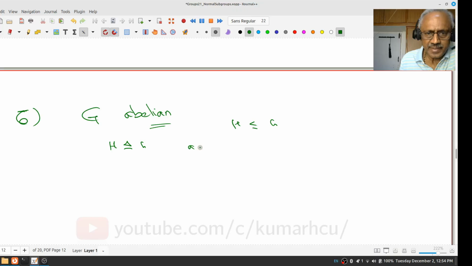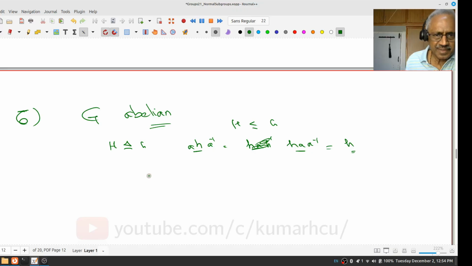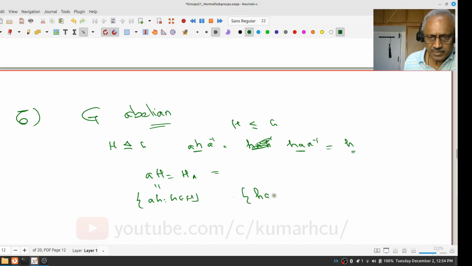Because if you start with any h, a h a inverse, using associativity, is h. Right? a h is h a. But that is H. Or more generally, if you look at the thing, aH is the same as Ha. Because aH is a times h as h varies over H, but this is h times a as h varies over H. But each of these elements is equal to each of these elements. Therefore, these sets are equal.